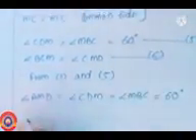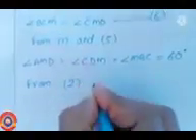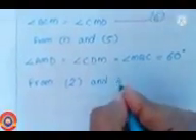And then from equations 2 and 4, we can write it as angle MCD is equal to angle DAM is equal to angle BMC, which is equal to 40 degrees.